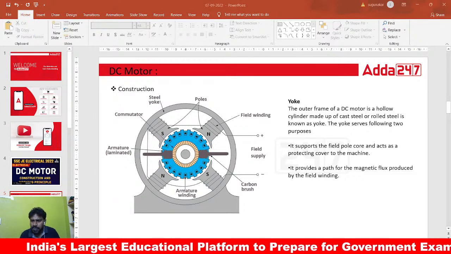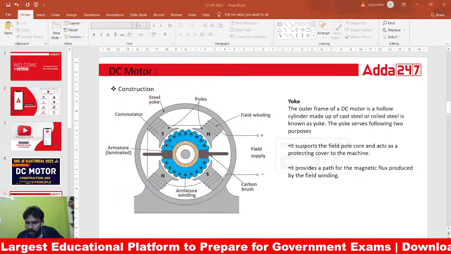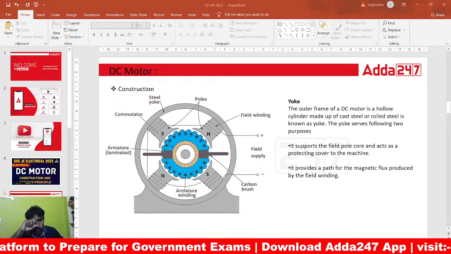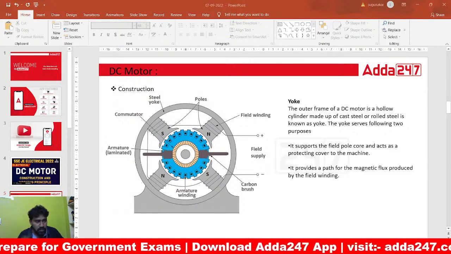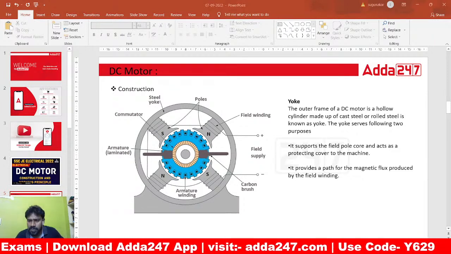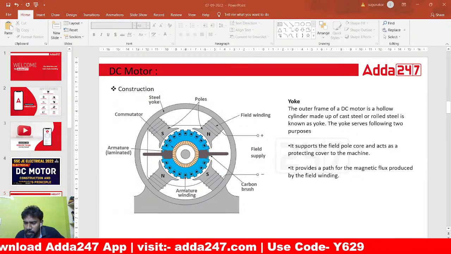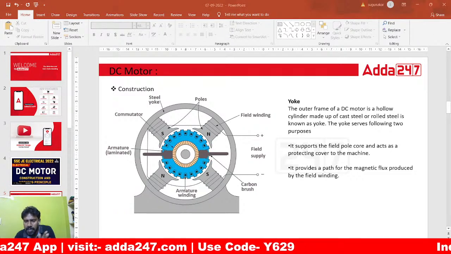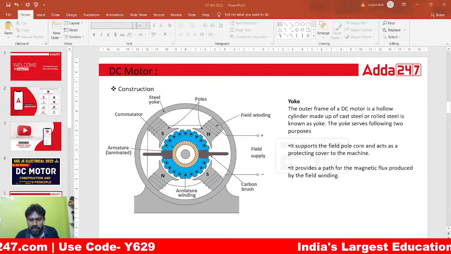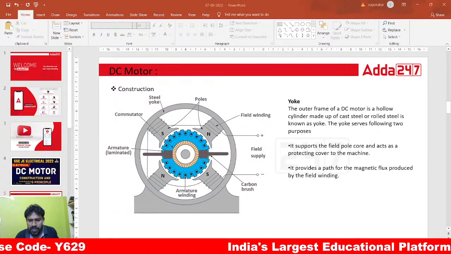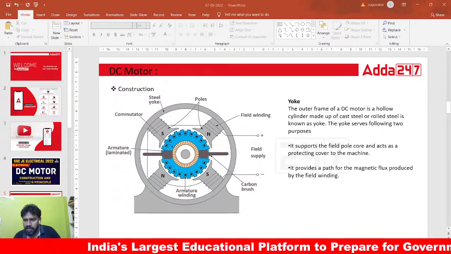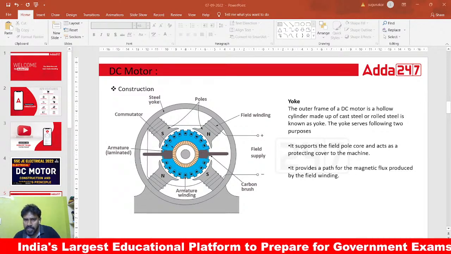Anyone? Purpose of the brushes in the DC motor. Yes, you can say.